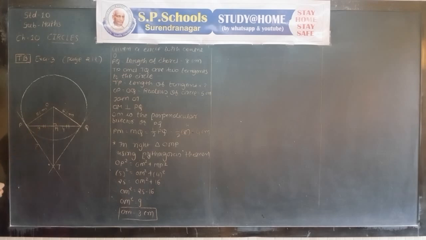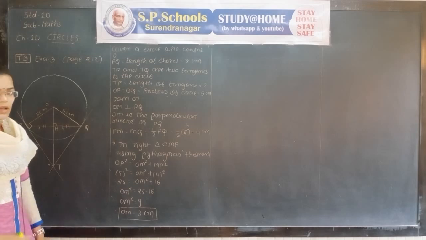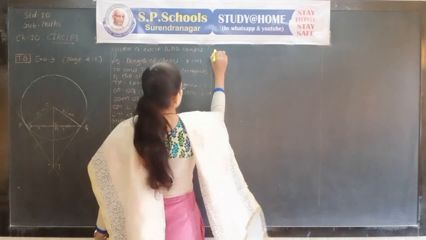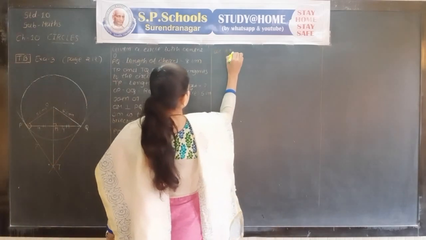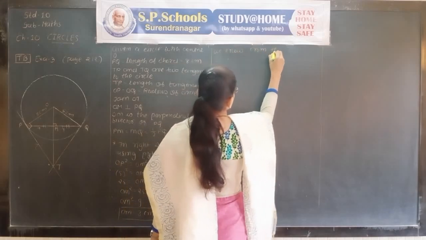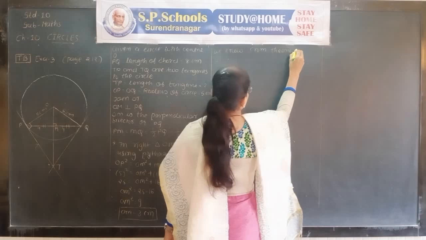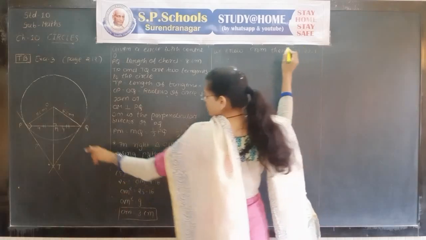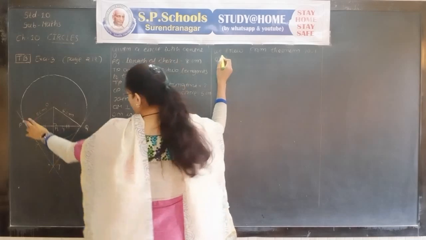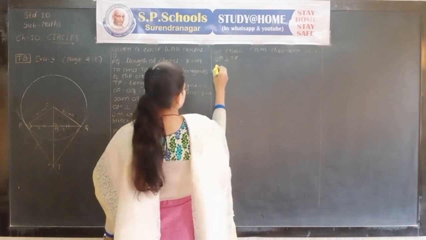Angle M is 90 degrees, as well as OP is perpendicular to TP, as we know from Theorem 10.1. For that we have to assume MT as x. We know from Theorem 10.1 that OP is perpendicular to TP.